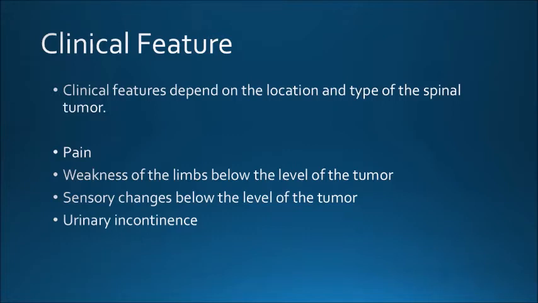So the pain can be the symptom of the local spinal cord lesion. Wherever the lesion is, the pain will be localized at the same area. Then we can have weakness of the limbs below the level of the tumor, or sensory changes below the level of the tumor. And in the last, we can have urinary incontinence. Fecal incontinence is less common, so we usually talk about urinary incontinence.